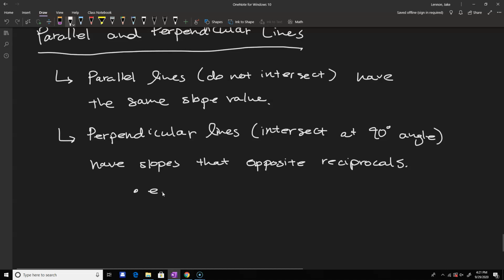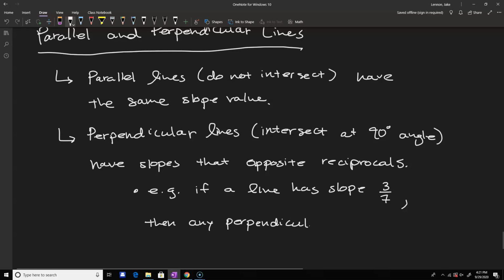If a line has slope 3/7, then any perpendicular line must have slope the opposite reciprocal.